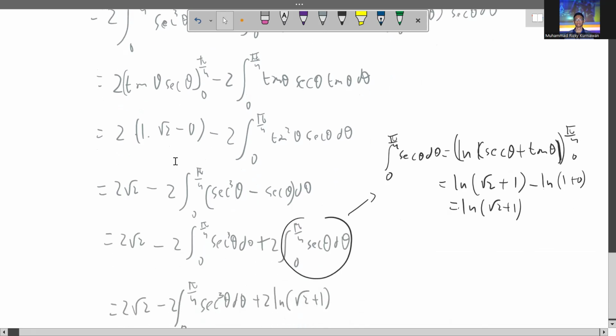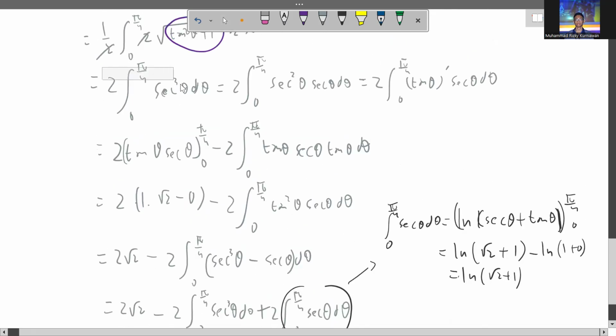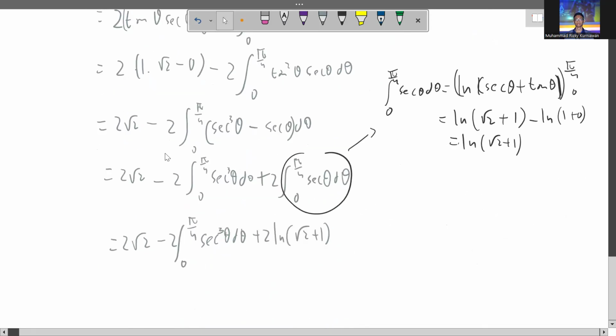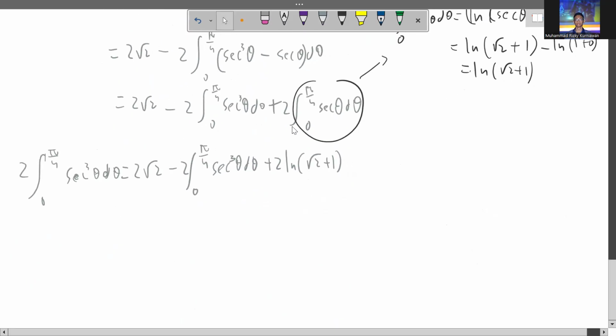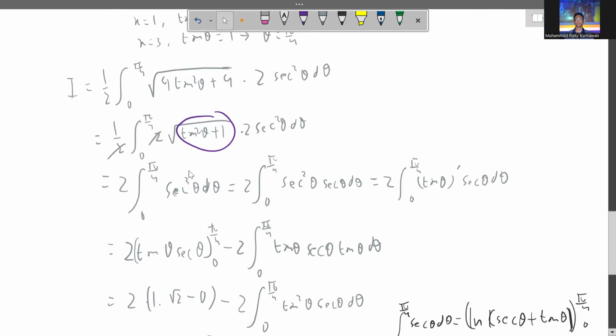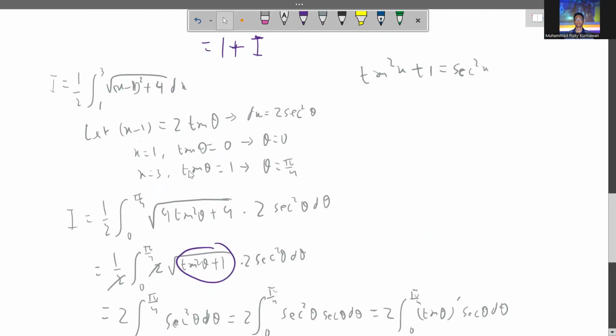So that means we can rewrite this again and then equate it here. Right. It's right there. Now, what exactly are we looking for?